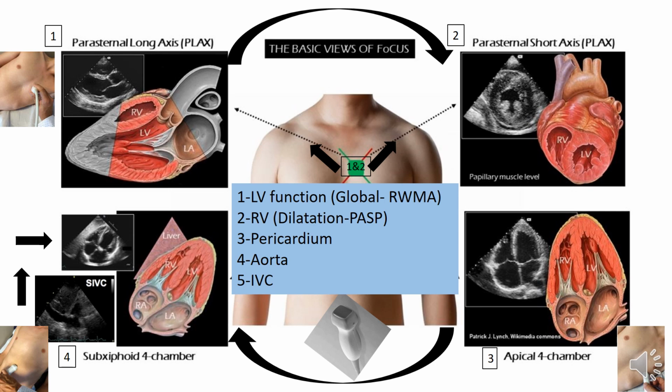And then by picking information from each one of these views about the LV function and regional motion abnormalities, RV dilatation and elevated pulmonary pressure, presence or absence of pericardial effusion, presence of aortic flap, IVC diameter, we might get a clue in the clinical scenarios that we have discussed.